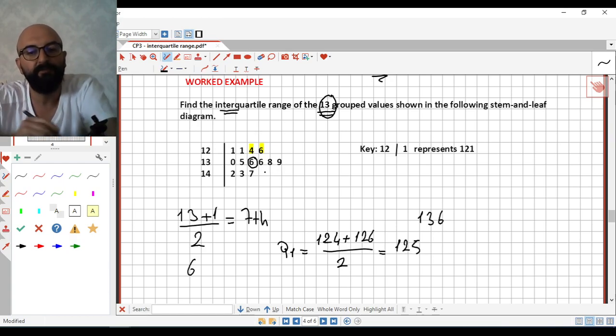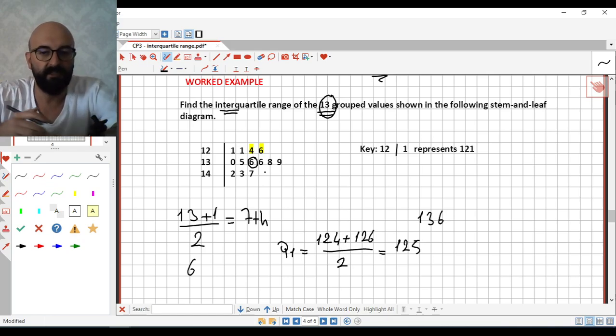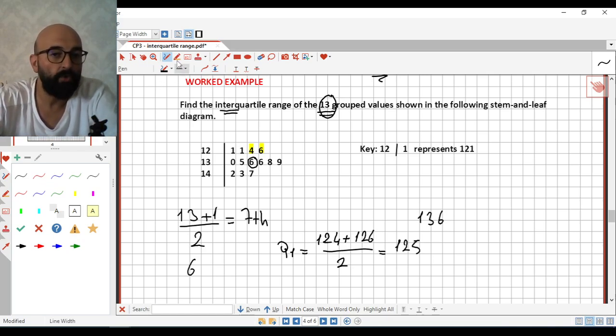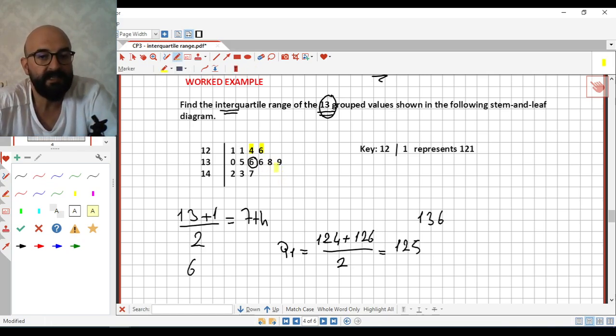For the upper quartile, we also have 6 values, to the right of the median. So we should find the middle of the second part, but we have 2 values.